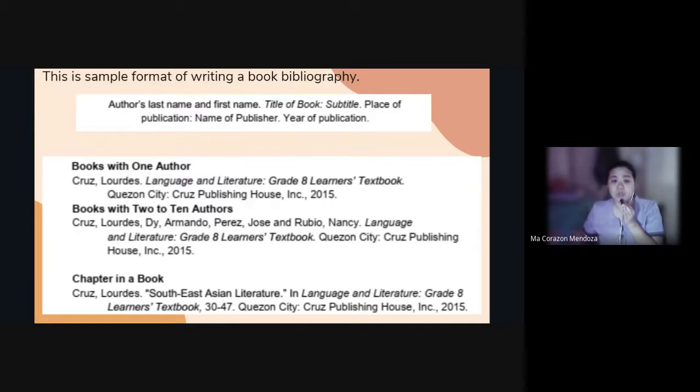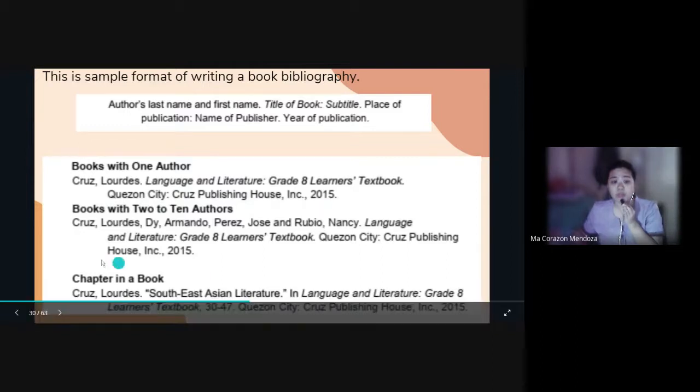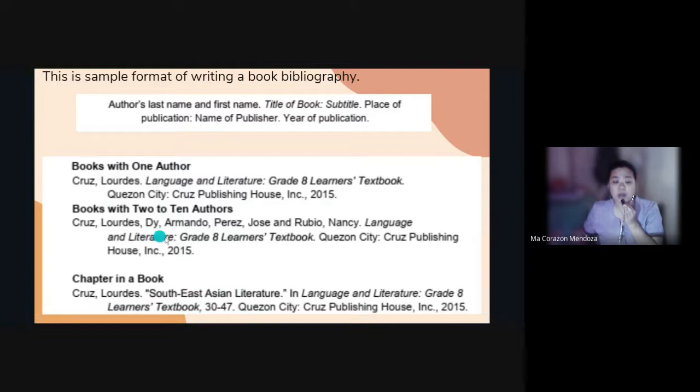So that's what you will do for books with 2 to 10 authors. So you just have to follow Cruz Lourdes, comma, D. Armando, comma, Perez Jose, and Rubio Nancy, period, if you're gonna write the last author. Now, if there are too many authors, instead of writing all the names, you can just use et period al, et al.